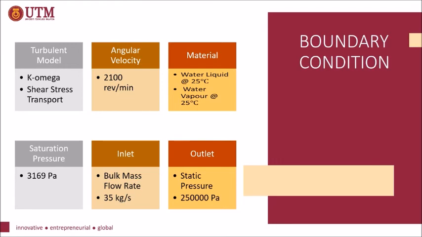The saturation pressure chosen is 3169 Pascal. The inlet is set to bulk mass flow rate. The mass flow rate is 35 kg per second. The outlet is set to static pressure with 25000 Pascal.